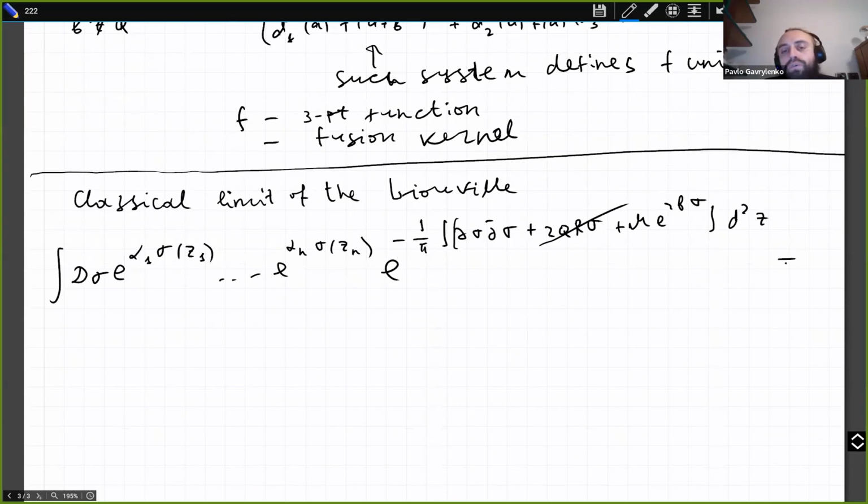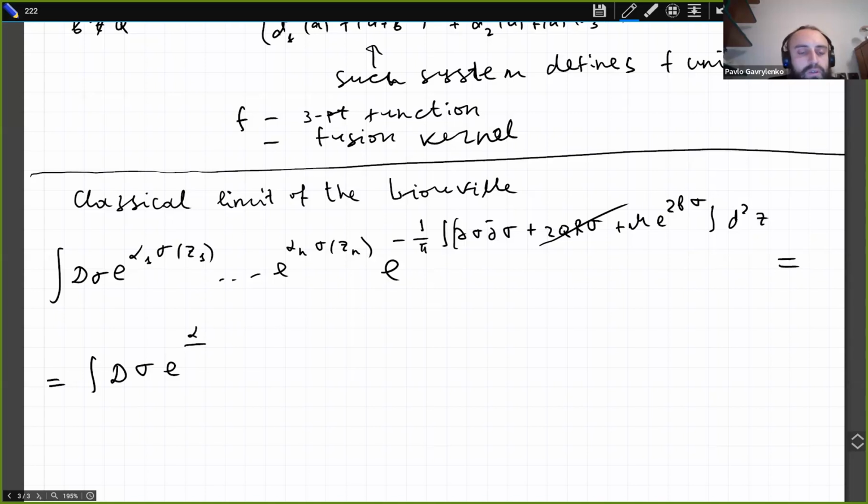So if you want to have classical limit, then it is natural to send b to 0 because what? Because you can say that let us rescale this sigma by b.